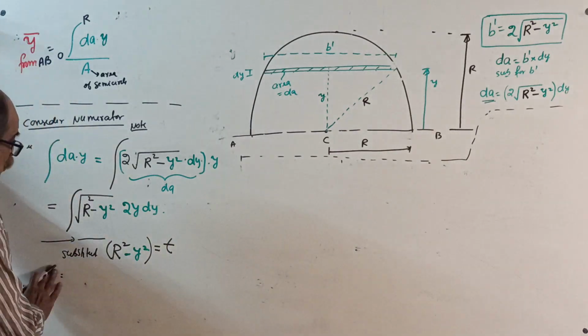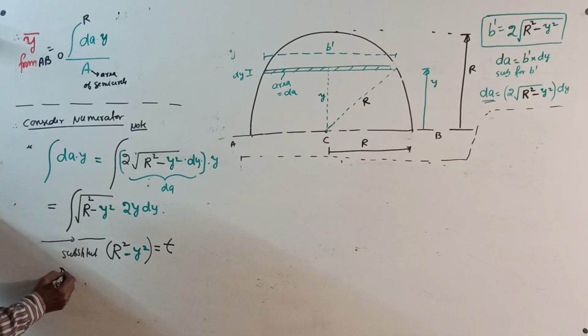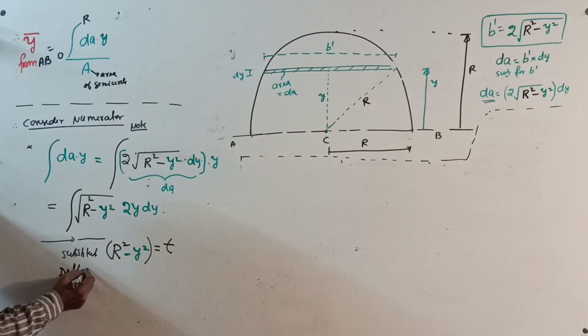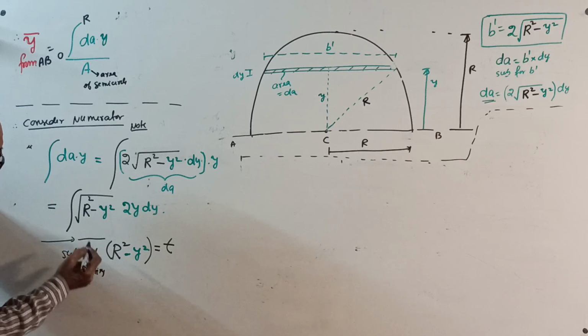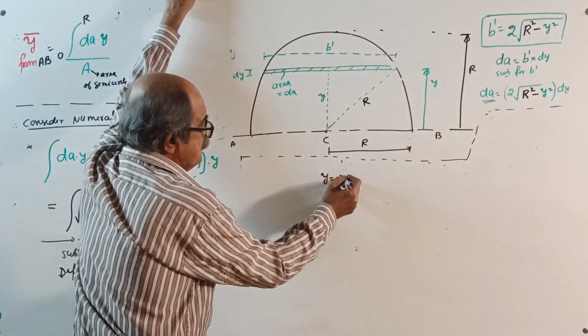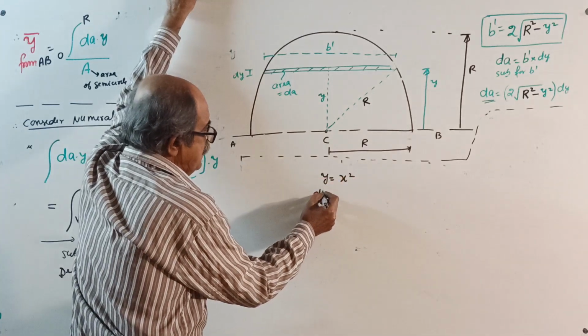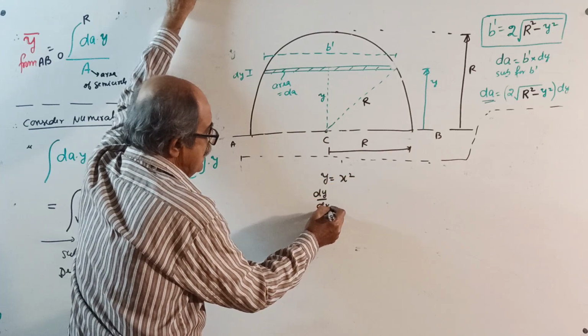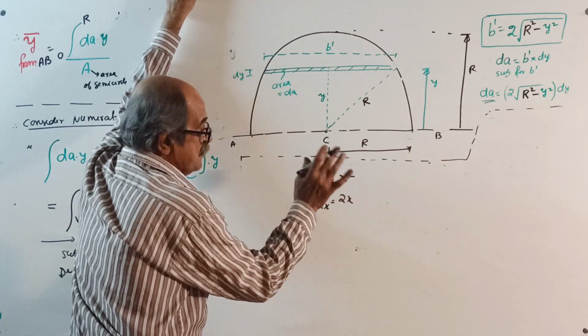Now what to do is differentiate. Suppose you have y equal to x square. If you write dy by dx, it is 2x. This is one way.